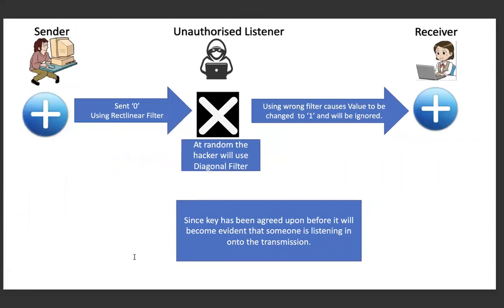Okay, now let's look at different scenarios in which we have an unauthorized user and we're using the quantum cryptography method for securing data. Assume this is my sender and this is my receiver. My sender uses the rectilinear filter and sends a 0. Let's assume that quantum channels exist, down in the distant future.